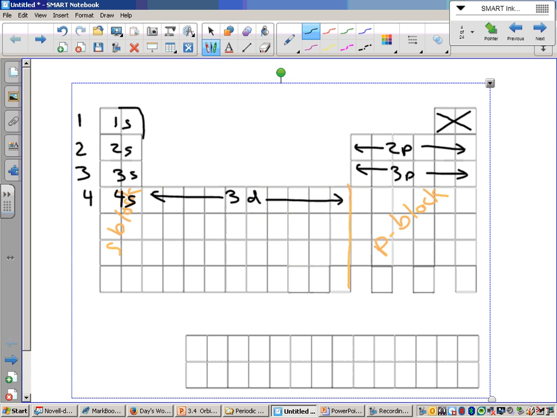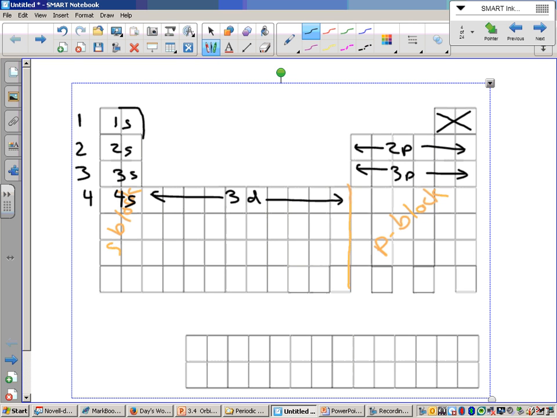If you can remember that the principal quantum number for the d orbitals lags behind the period number by 1, you'll have the orbital filling order. So if that's a 4s, when you get to the d, it's a 3d, because it lags behind by 1 in that period number.